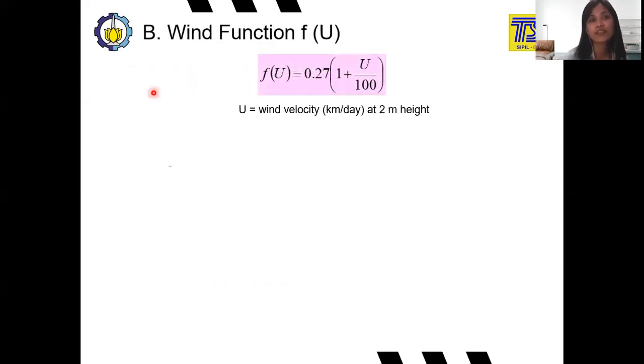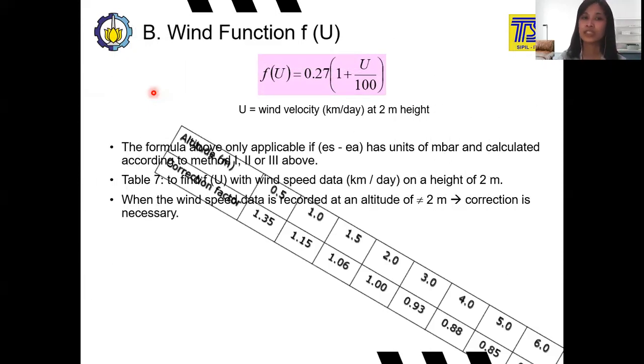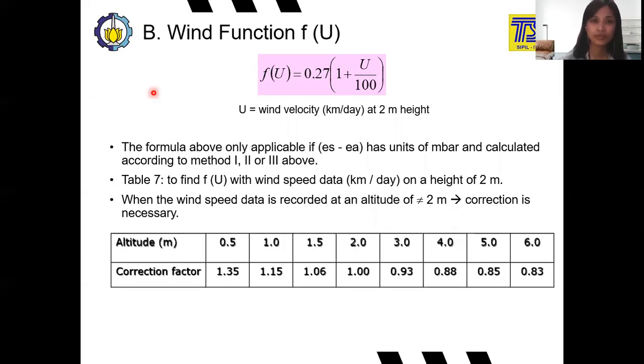And then after vapor pressure, here comes the wind function, Fu. For Fu, there is this equation: Fu equals 0.27 times (1 plus U divided by 100), where U is the wind velocity in kilometers per day at 2 meter height. This is the point that you have to remember: at 2-meter height.